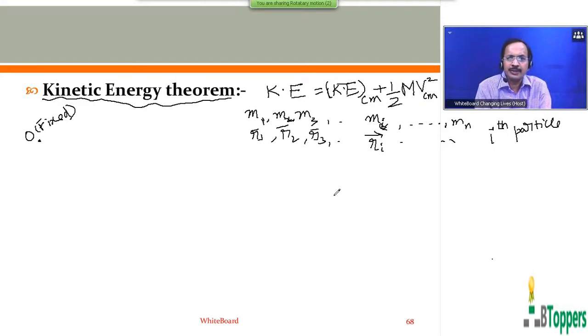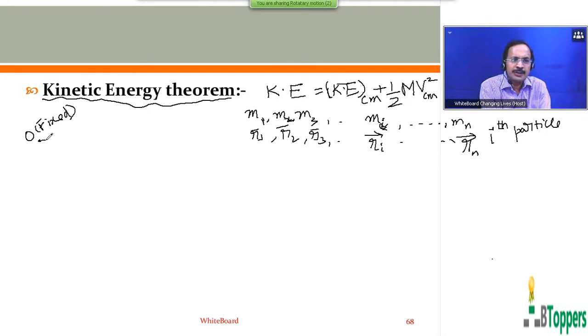Then as you studied in the chapter on center of mass, the position vector of the center of mass of the system of particles is given by m1 r1 bar plus m2 r2 bar and so on up to m_n r_n bar, where r_n bar is the position vector of the nth particle, divided by the sum of the masses of all the particles of the system.